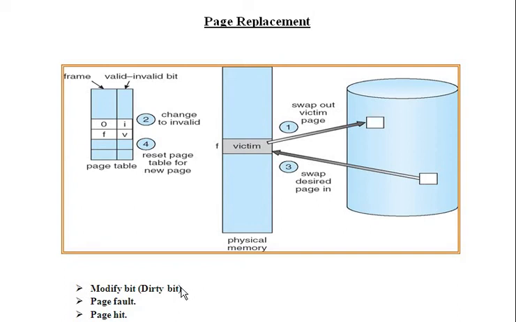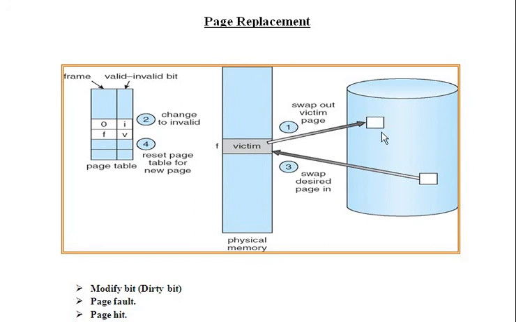Now in page replacement, we have to see the meaning of three terms. First, the modify bit or dirty bit. As the name suggests, each page table entry has an additional bit called the modify bit. If the modify bit is set to 1, the operating system understands that the content of that page has been changed by the CPU. For example, earlier the content of that page was 2, and due to computation it has become 4. Then we have to write it back to the secondary memory.